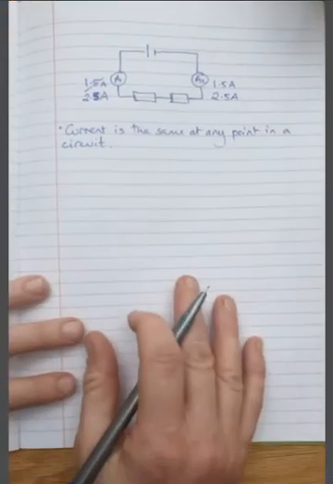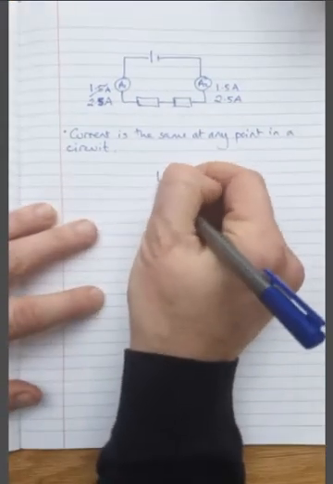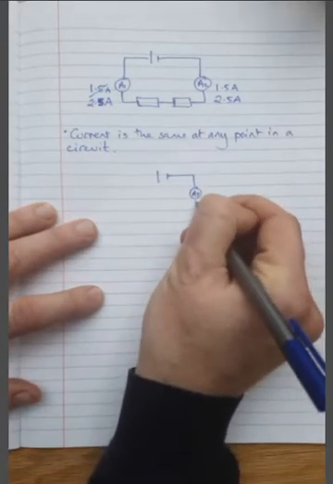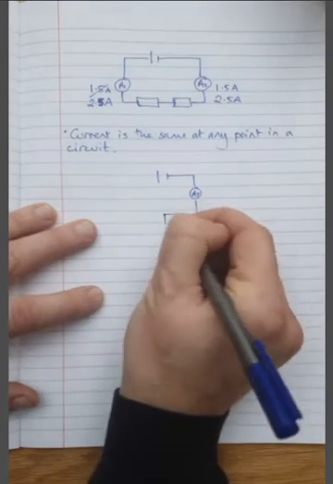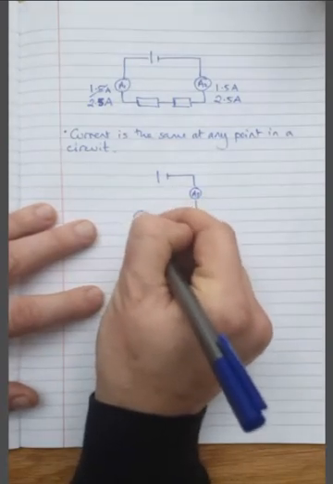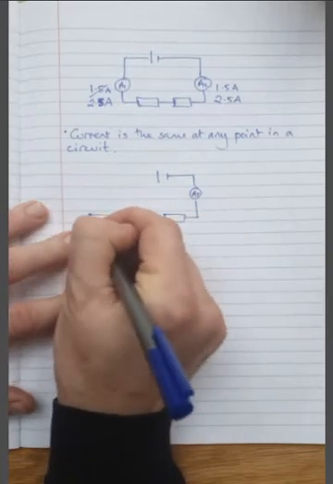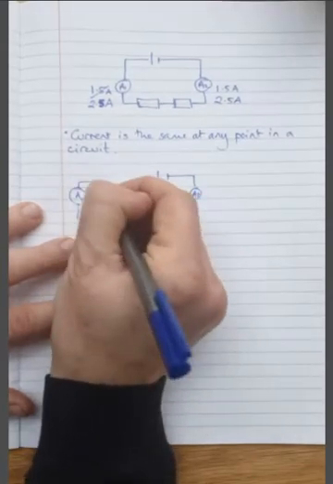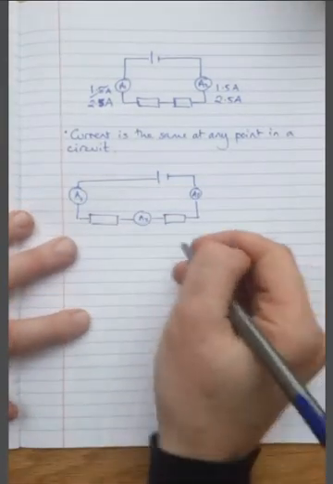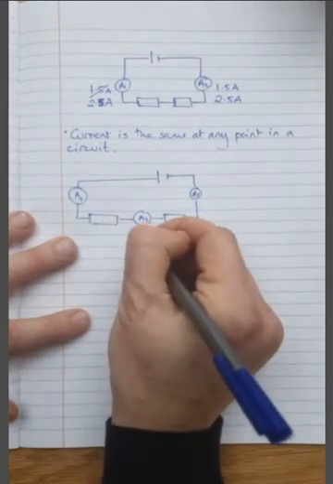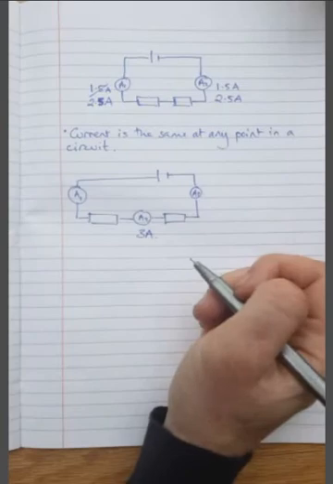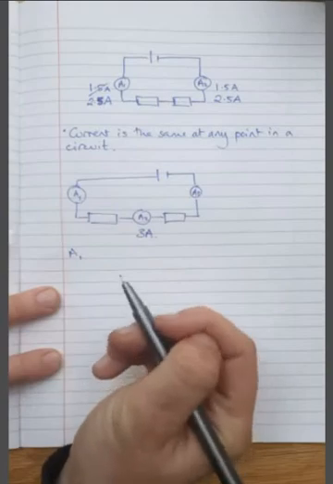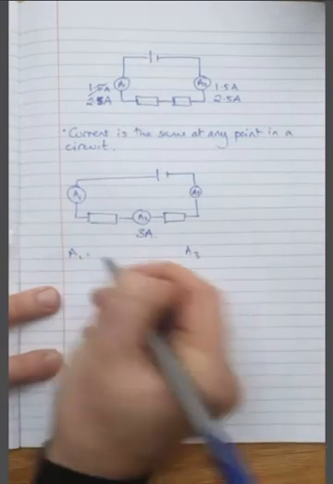Let's look at another circuit now. If I tell you that the reading in ammeter 2 is 3 amps, what would you expect the reading in ammeter 1 and ammeter 3 to be?